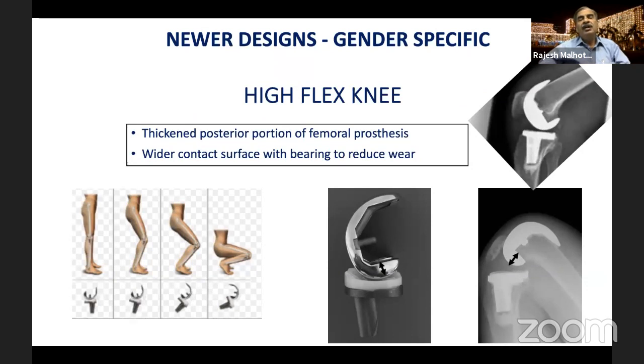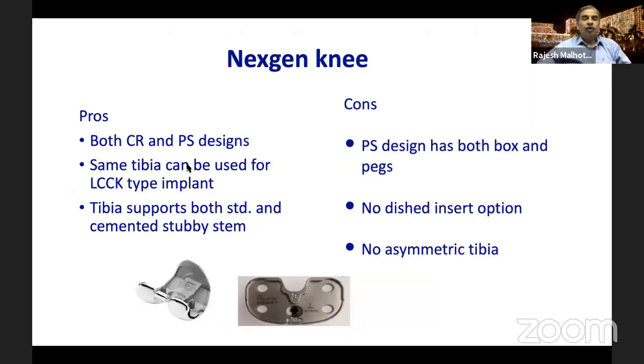So let's talk about some of the newer designs like gender specific. The high flex knee, which has got a thickened posterior condyle and a wider contact surface for the bearing to reduce wear. So it comes in both CR and PS designs. The same tibia can be used for LCCK type design, which means if the femur fails, you can keep the same stem and go on to the next constraint without having anything to do about a well-fixed tibia.